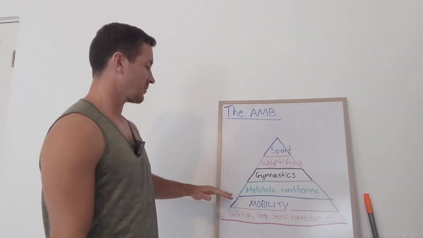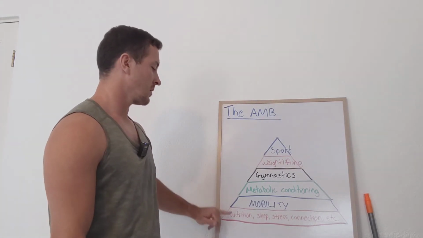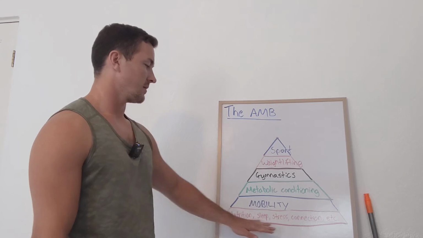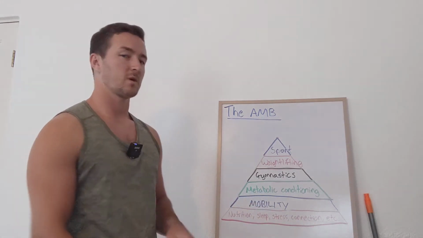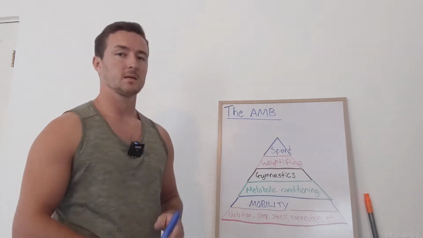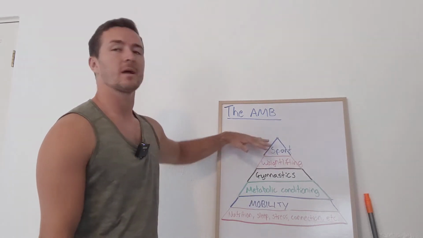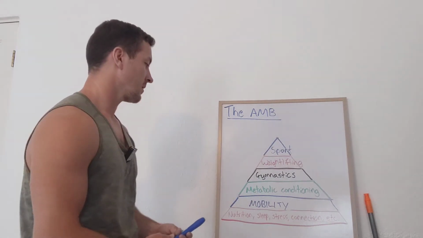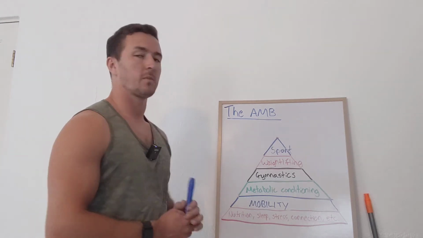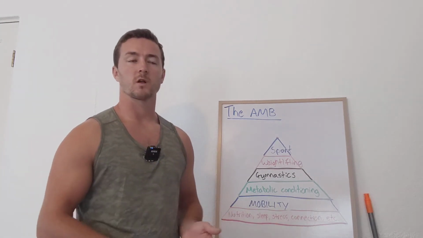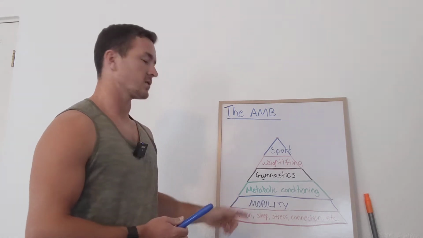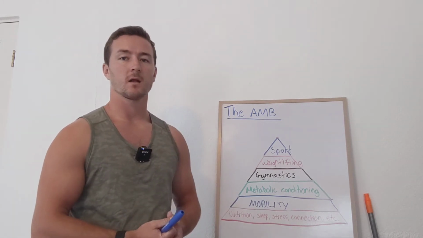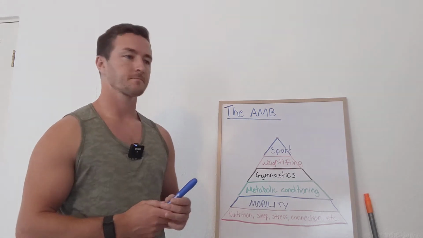The reason I think mobility needs to go in between this bottom layer and metabolic conditioning is because without mobility, we can't do any of this stuff. Even with the metabolic conditioning, say we want to run or row or swim, if our joints don't have the mobility for that, we can't do it.